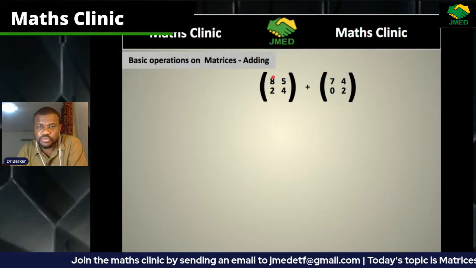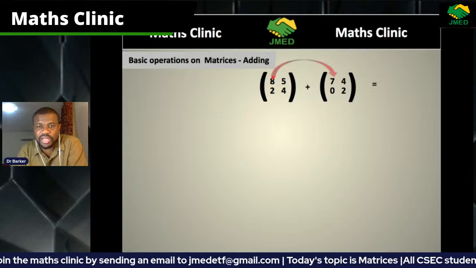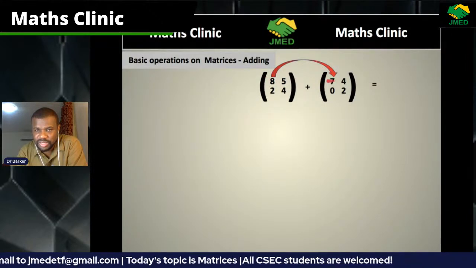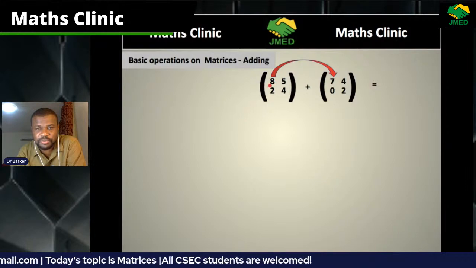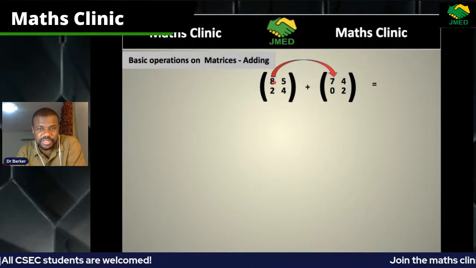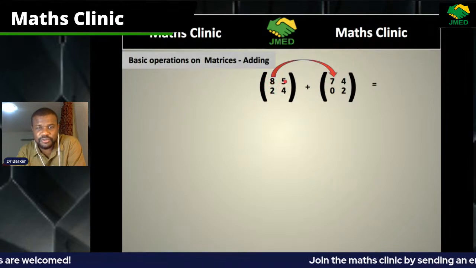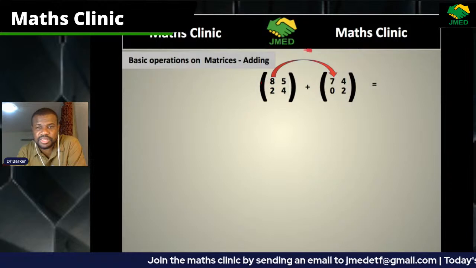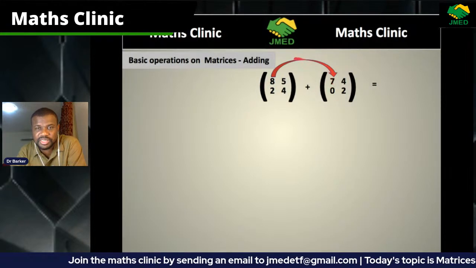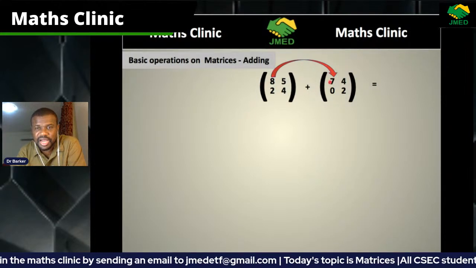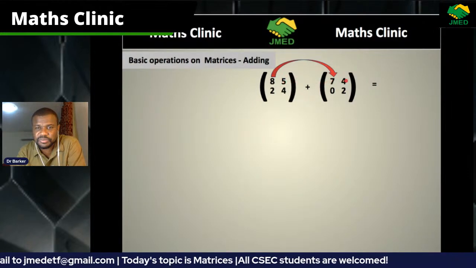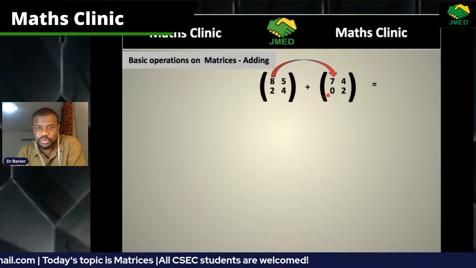For example, we add the 8 with the 7. This matrix, the position here is the first row, first column, and then first row, second column. We look for the elements which are in the same position in the matrix, and we can just add them.